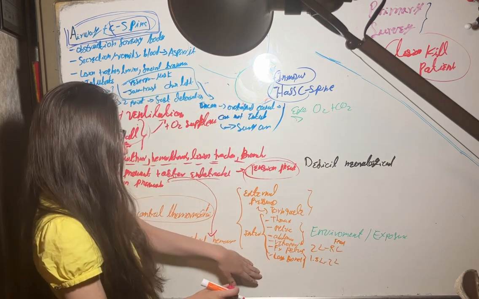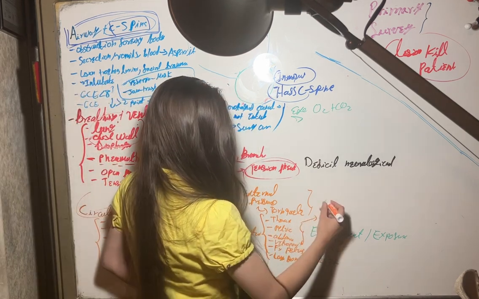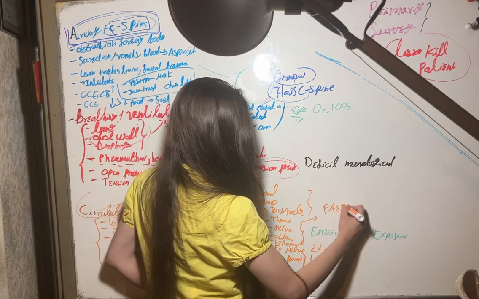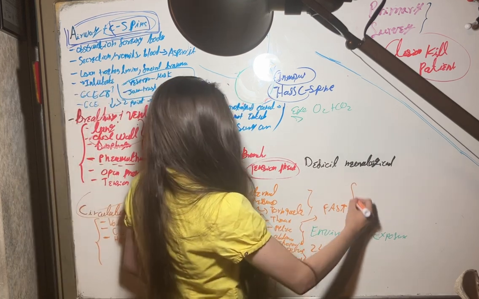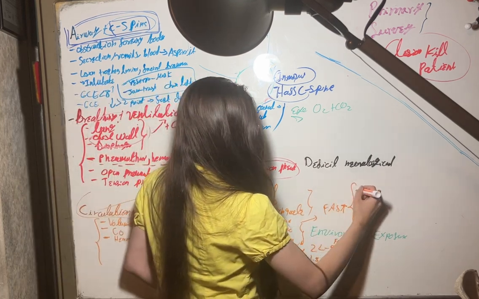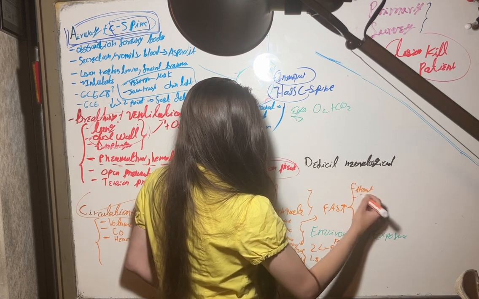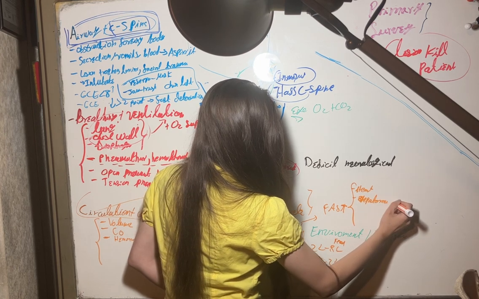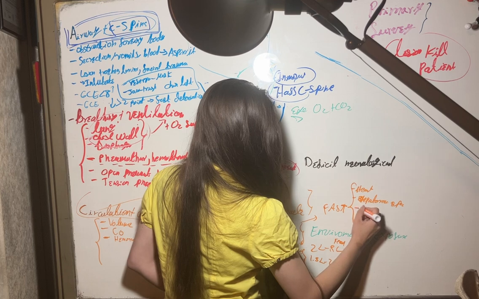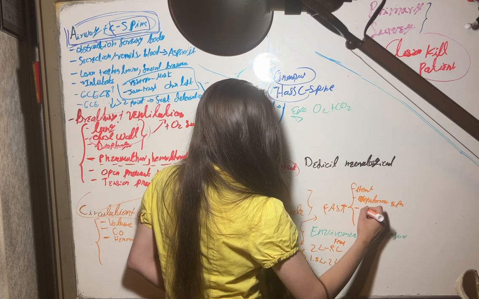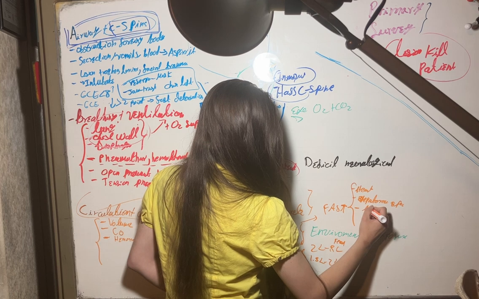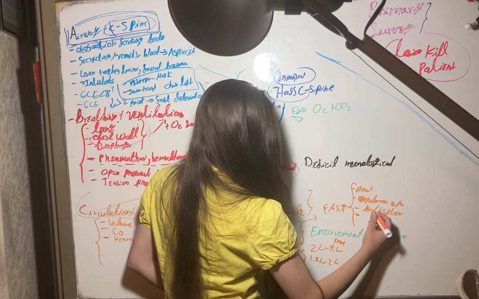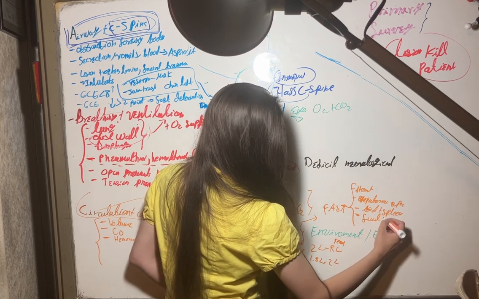And to diagnose this, we should do the FAST, which is Focused Assessment with Sonography for Trauma, an ultrasound where we evaluate the heart, the hepatorenal space, the space between the kidney and the spleen, and the fundus of the bladder.